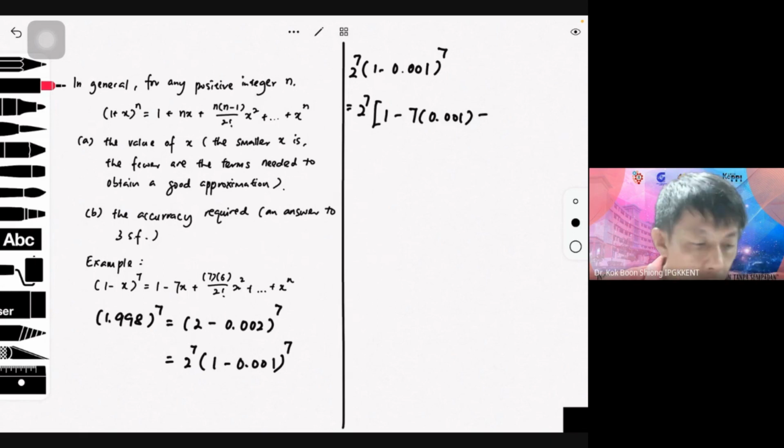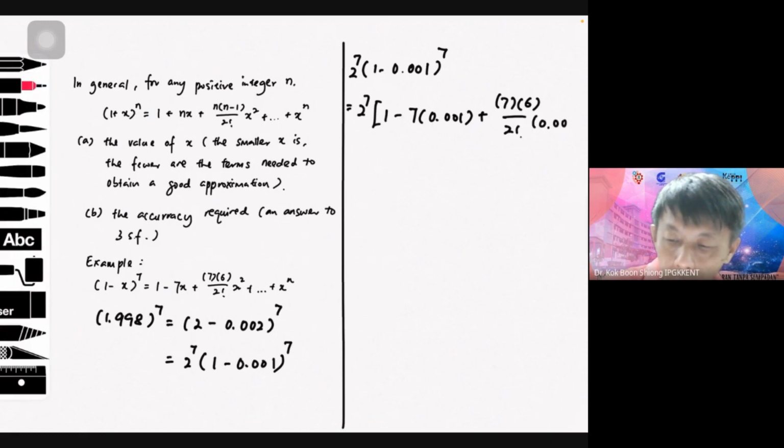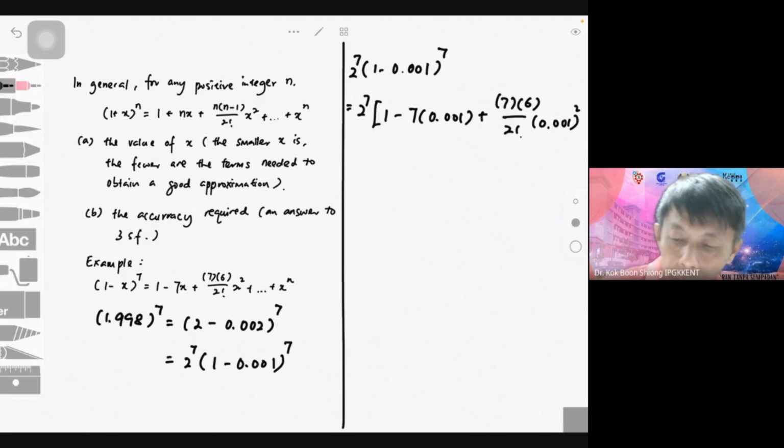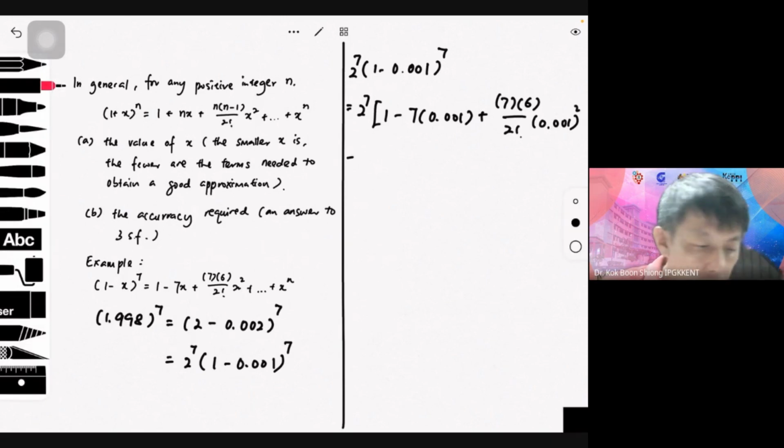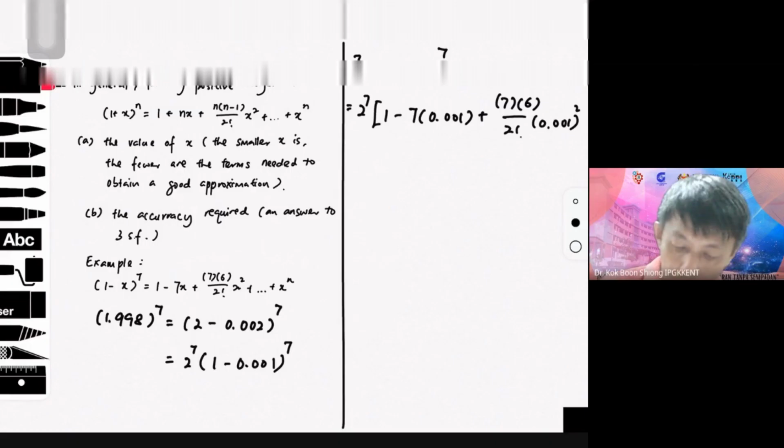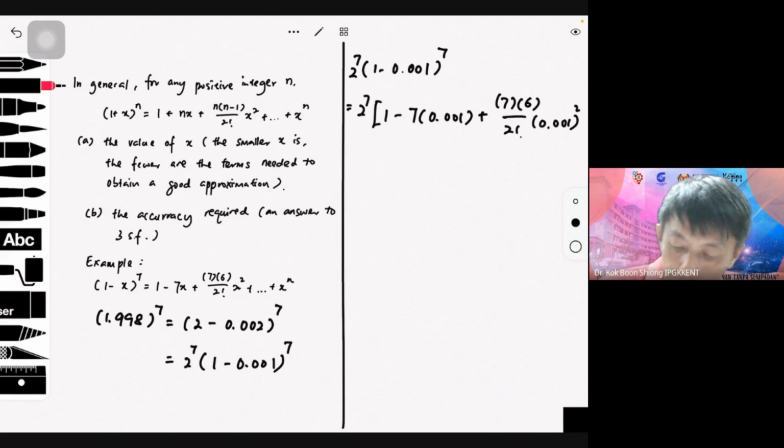plus 7 times 6 over 2 factorial times 0.001 squared, plus, oh, here is a minus because it is minus x, minus 0.001.